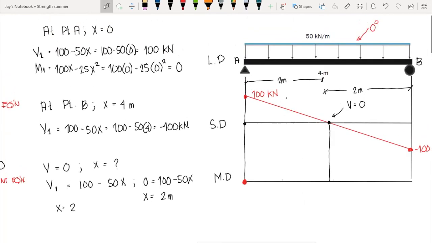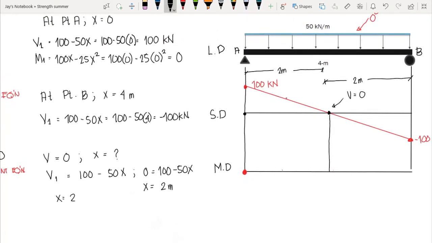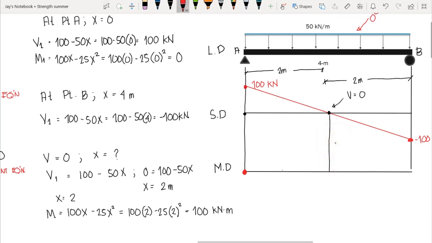Using the moment equation, the moment is equal to 100x minus 25x squared, which gives us 100 times 2 minus 25 times 2 squared, and this gives us 100 kilonewton meter. So at this point, we have 100 kilonewton meter.